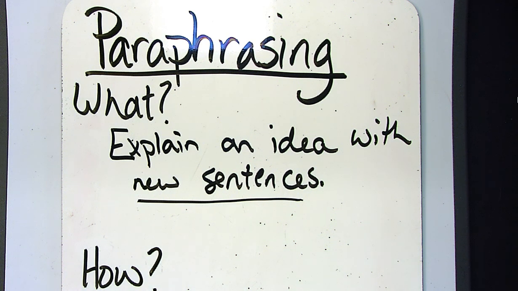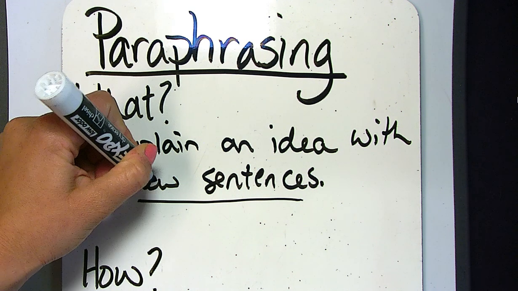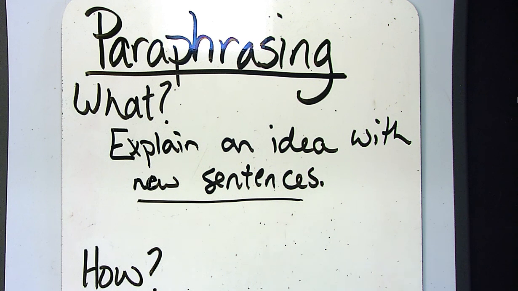And sometimes you might keep some of the same words. You might keep a key word or an important word that is the only way to describe that concept, which is why I like to say it's with a new, and that's an E, a new sentence. So new sentences. You might keep some of the same words. You might change some of the words, but you need to explain the same idea with new sentences. You want to keep the same meaning.